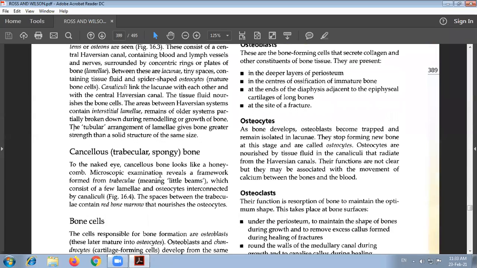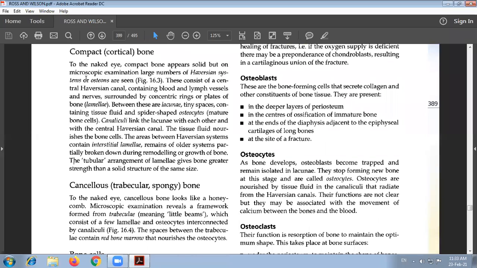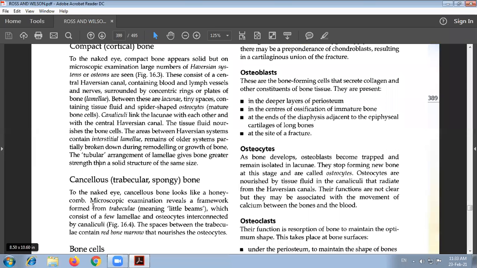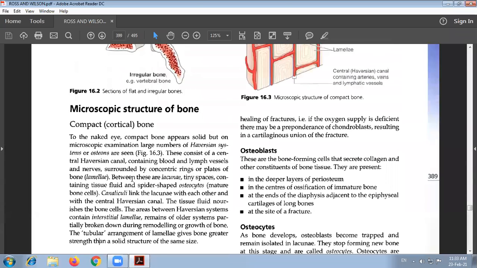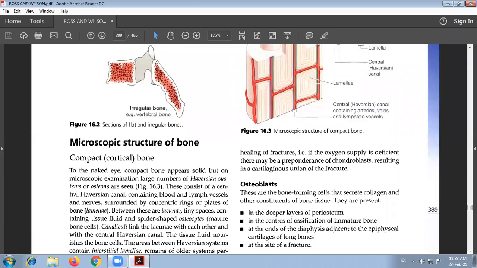So the compact bone has this arrangement, while the cancellous bone inside it, which is the trabecular or spongy bone, has a honeycomb-like structure. Honeycomb-like structure means it is slightly softer than the compact bone, and inside it the dots appear like a honeycomb.